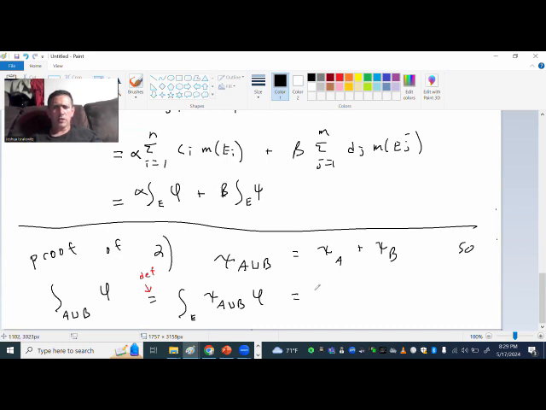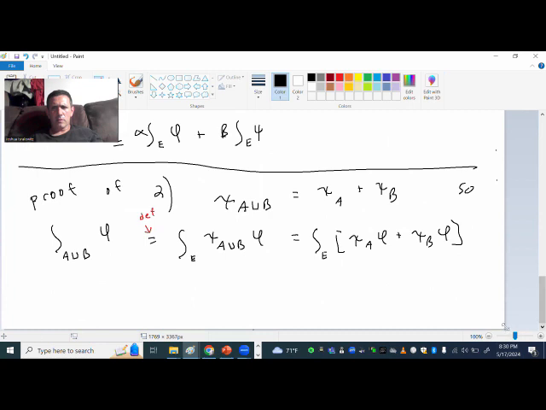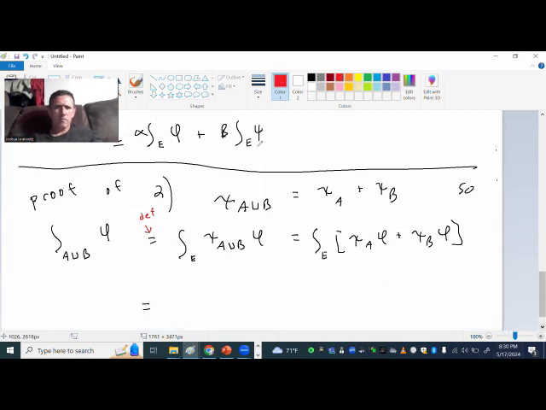We just proved, using this, in two steps by linearity and one, that this is going to be equal to this by linearity.